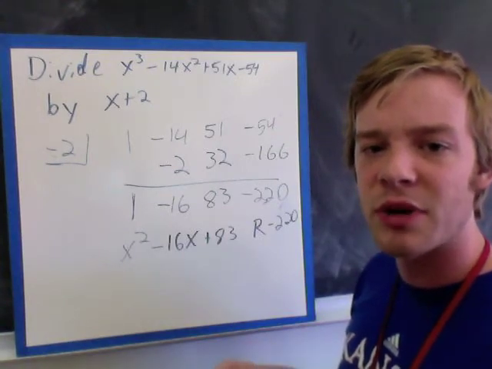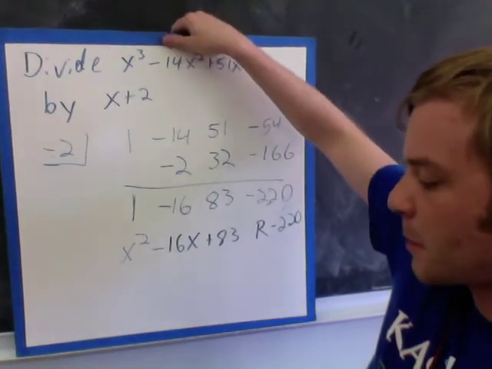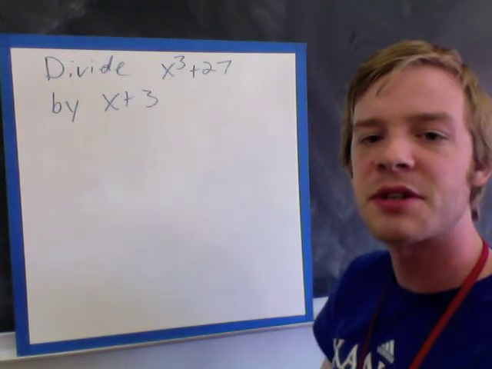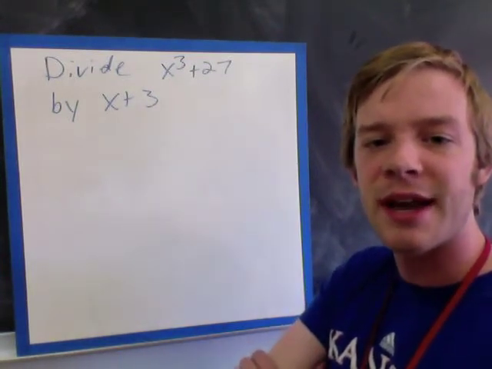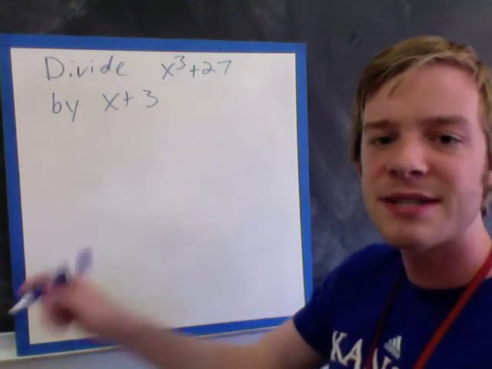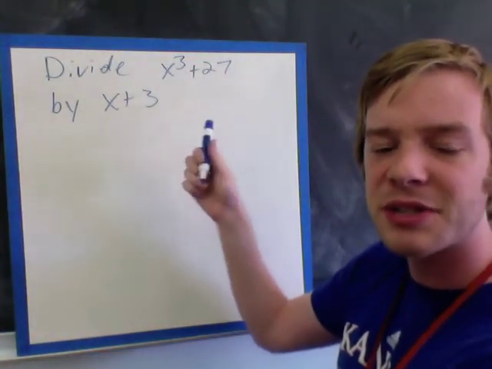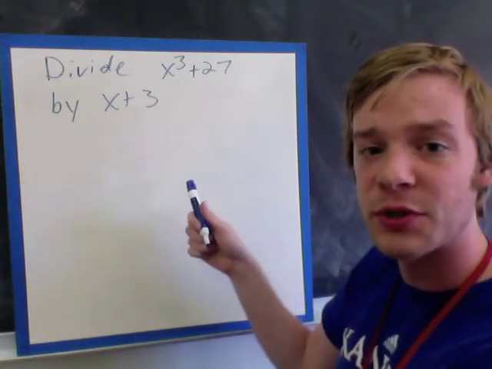In this example, we're going to have a couple of things missing. All right, so here we're asked to divide x to the third power plus 27 by x plus 3. Now, since we don't have an x squared or an x to the first, we actually have to add those in as zeros with our coefficients.